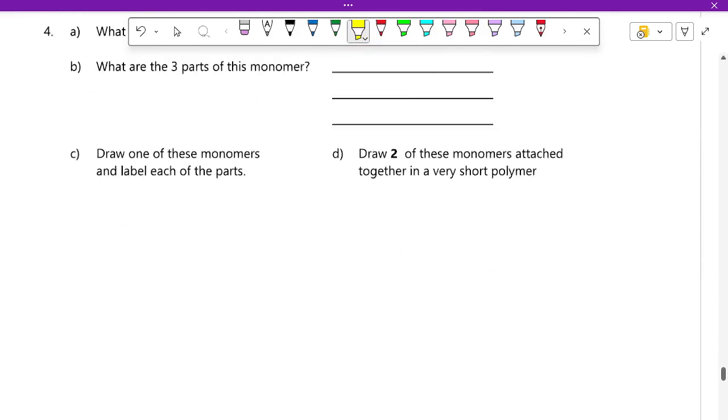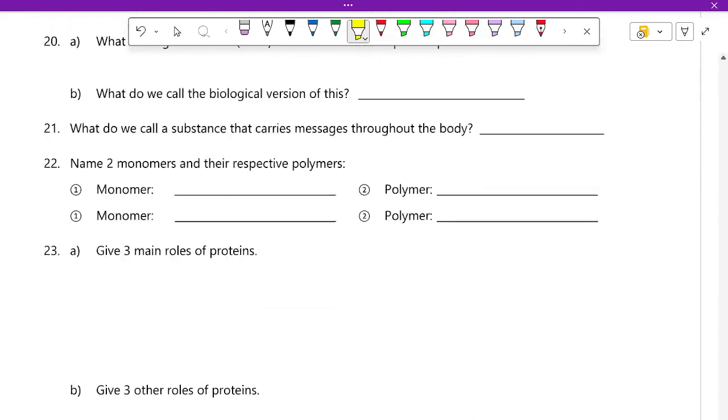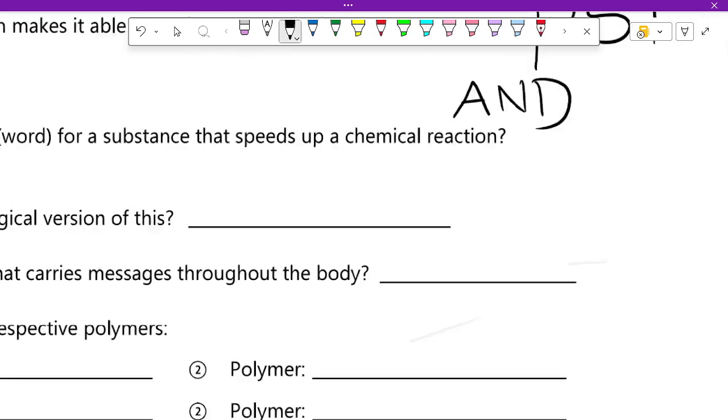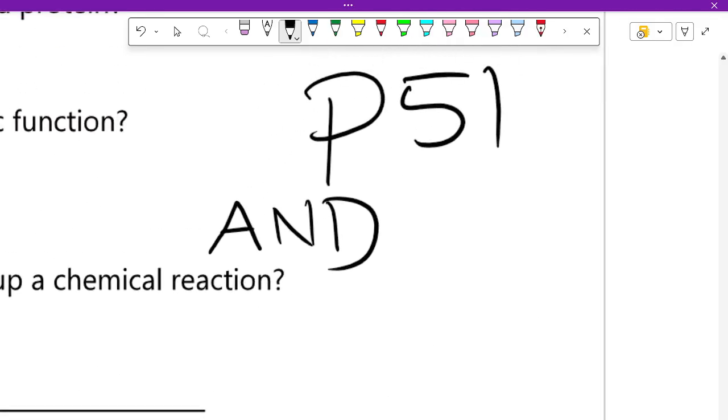And we are now going to do page 51. And you're going to work on your cheat sheets. Oh, I'm sorry, 52.